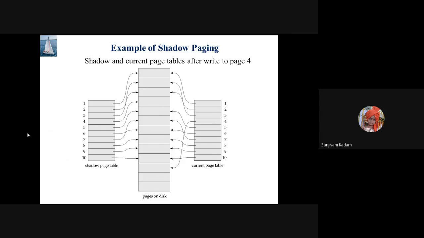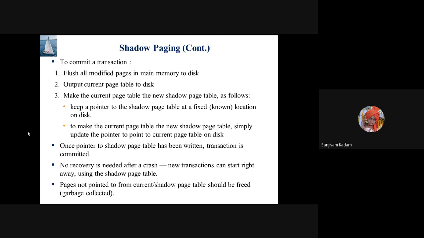So, which steps are taken during shadow paging to commit a transaction? To commit a transaction, flush all modified pages in main memory to disk, which will contain all the changes done by the transaction. Output the current page table to disk.